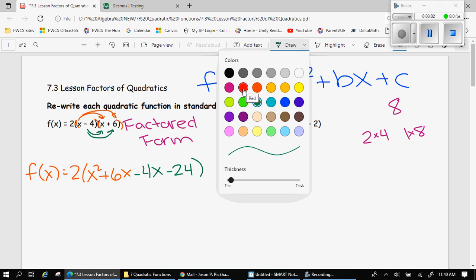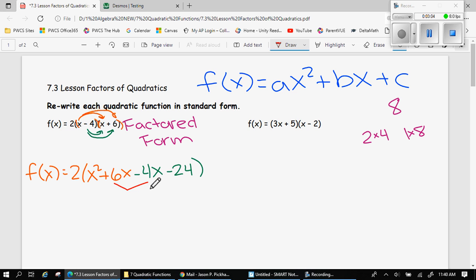Now I can put these two things together because they both have just an x to the first power. So I'm allowed to actually combine them. So this becomes x squared plus 2x minus 24. Positive 6x minus 4x, that makes positive 2x. And finally, sorry, that should have an x squared.